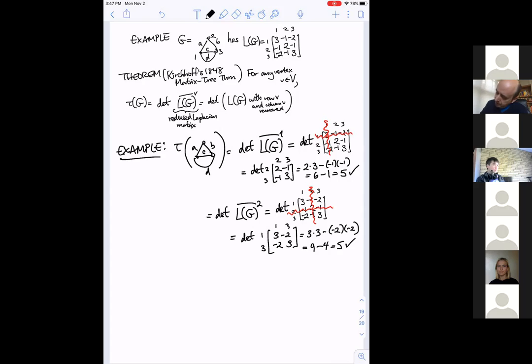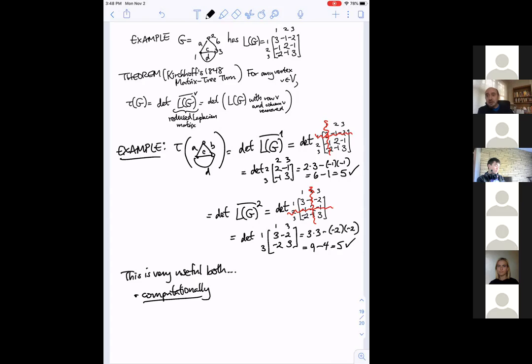Okay, so let's first of all say this is very useful in two different ways. On the one hand, computationally. Because our deletion-contraction method, if you analyze how many steps it takes to do your general calculation using the deletion and the contraction, it takes about 2 to the number of edges in the graph.